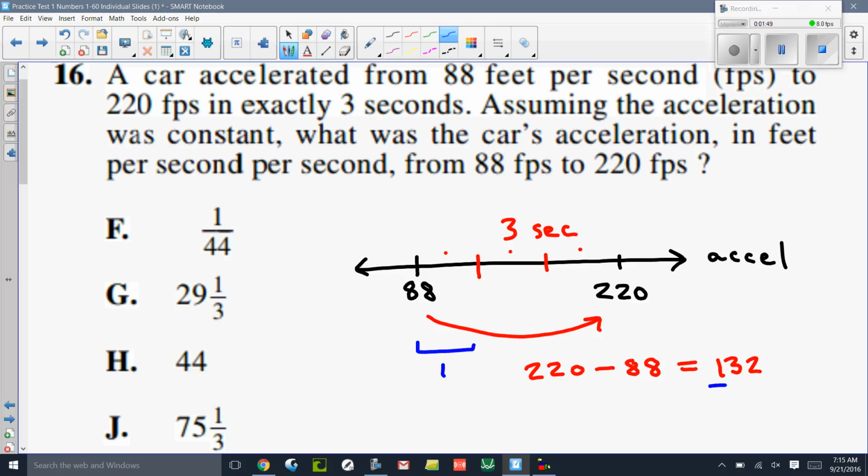So we're going to divide this by 3 pieces because there's 3 of those segments in this 3 second interval. And 132 divided by 3 is 44. So in 1 second, we accelerated 44 feet per second. H would be your answer.